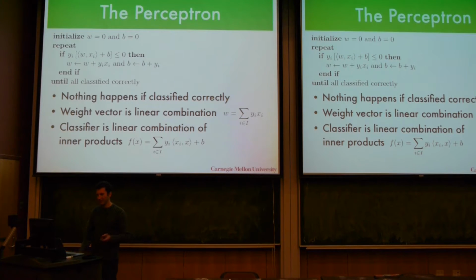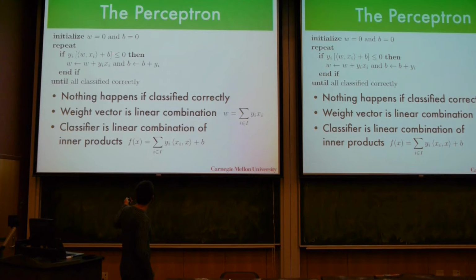You initialize the weight vector, and then you just run over the data. You use the output, w times x plus b, for that observation. Then you check whether the product of that output and the label, which is 1 or minus 1, is less than or equal to zero. That's the case when you've made a mistake.